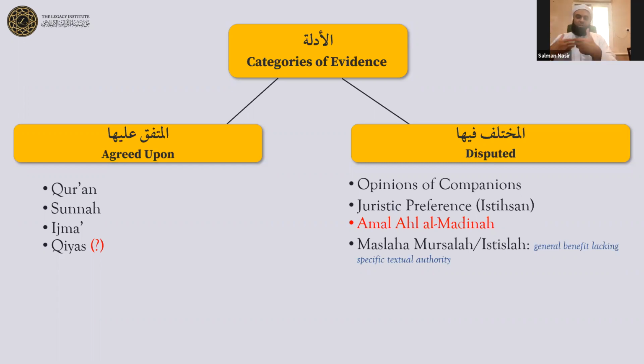Meaning, how do we derive the authority of those evidences? How do we establish that this particular type of evidence is in fact Hujjah? It's a very pressing question for Imam Shafi'i, and this concern of his is very clearly reflected in his Ibtal al-Istihsan.